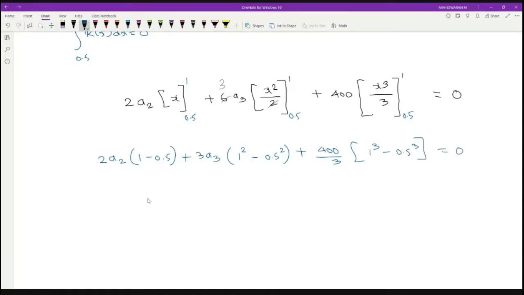So again, I will get a2 plus 2.25 a3 plus 116.667 is equal to 0.